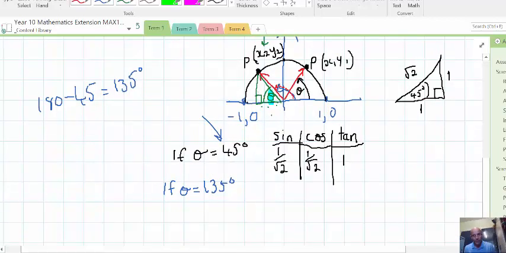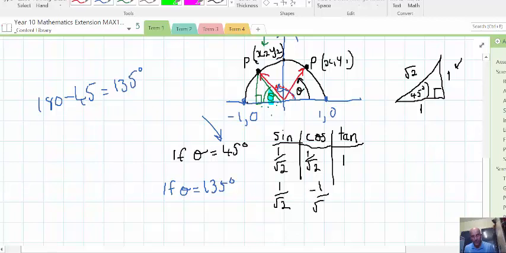Opposite over hypotenuse. So if we get to that turquoise angle, the opposite is the y value. Now remember, on 45 degrees it's 1 over the hypotenuse root 2. Cosine is adjacent over hypotenuse. Now it's -1.